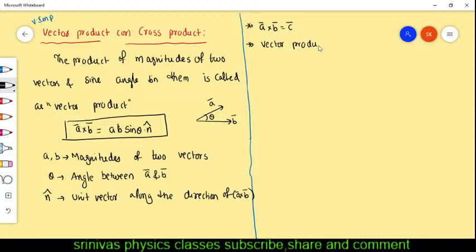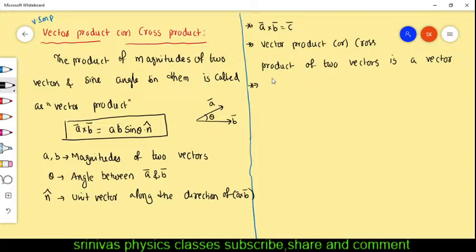The cross product of two vectors is a vector. When you find the cross product of two vectors, you get a vector. That's why it is called the vector product.